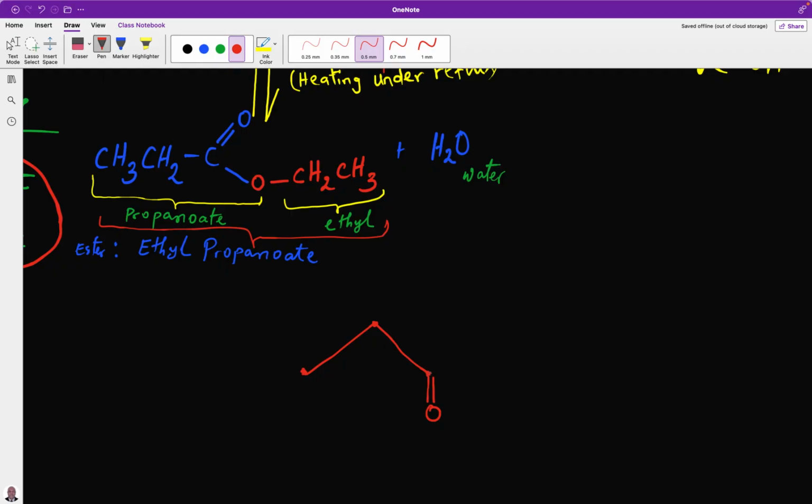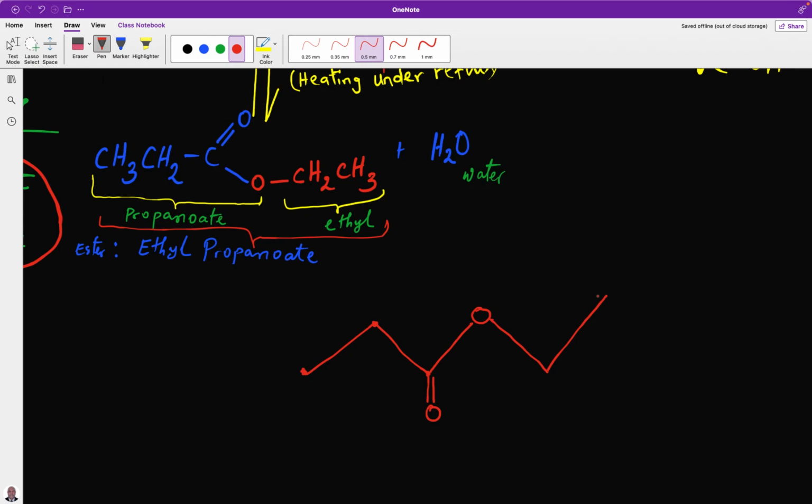I said it is in a zigzag form. It is now bonded to oxygen. This is now the oxygen here. From the oxygen, it is now bonded to this other carbon. So we now come again, this other carbon. Now, then we go to the last carbon.